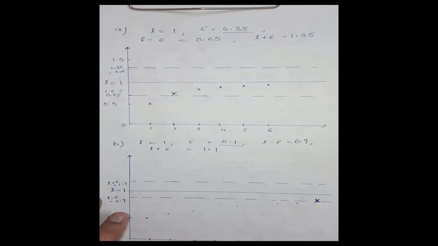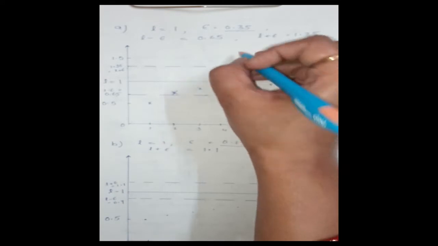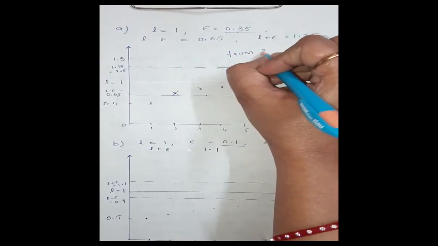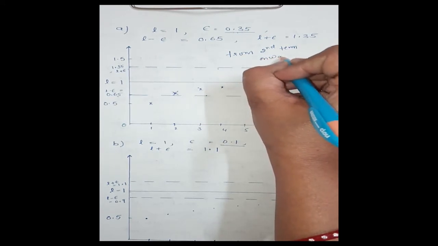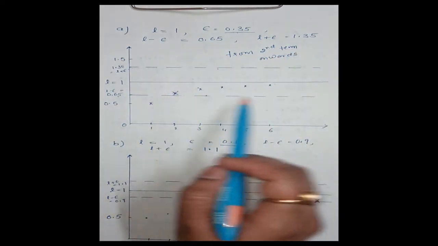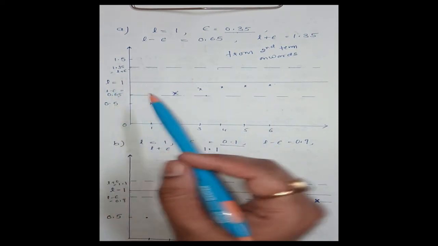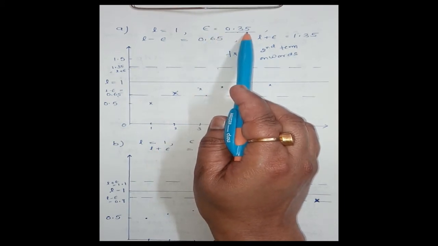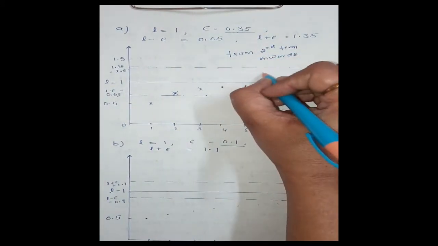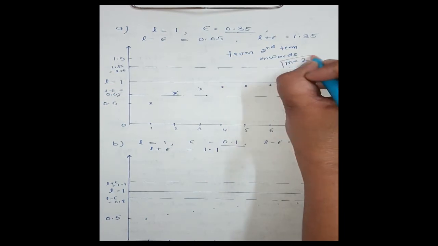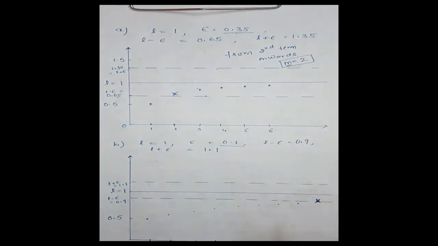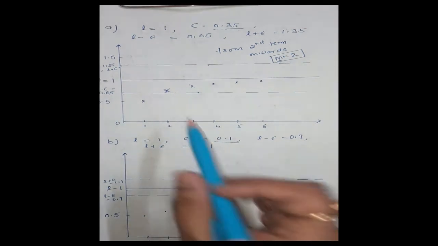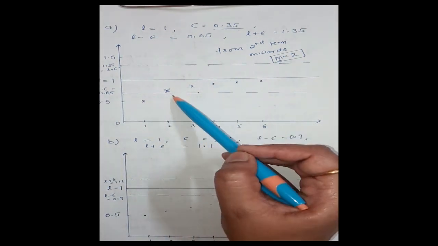When we take epsilon to be 0.35, from the second term onwards, all points of the sequence lie within the strip around L equal to 1, between L minus epsilon and L plus epsilon. Here M is 2. Let us denote this term M to be 2. From the second term onwards, all the points lie within this strip.